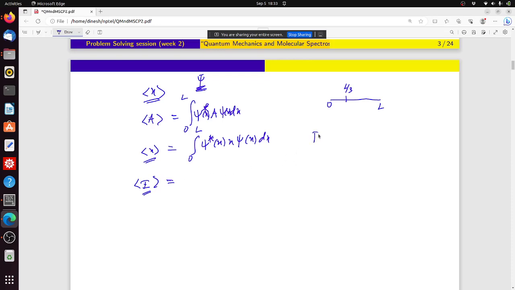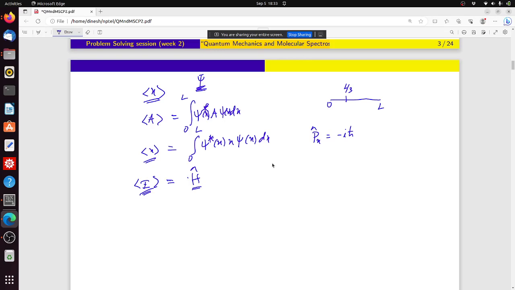Like for momentum we have minus i h cross del by del x. Yes. Sir, H prime. No. H. Yes, Hamiltonian. The operator for energy is Hamiltonian.